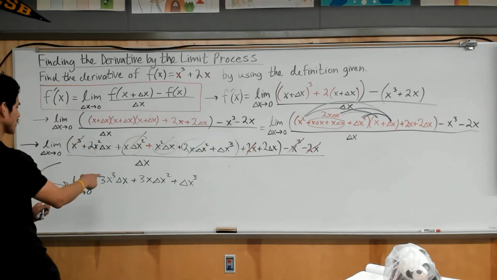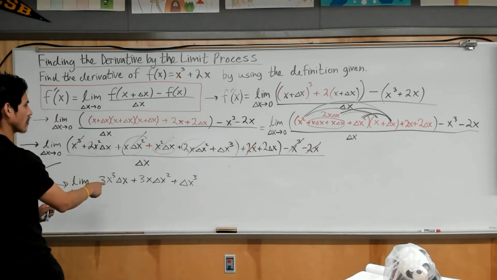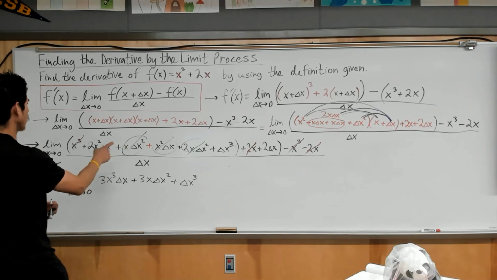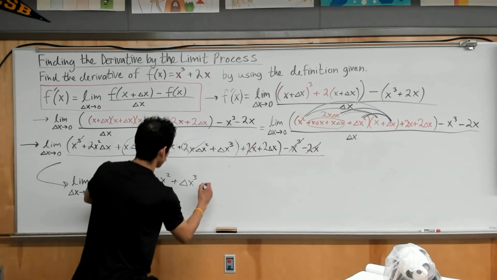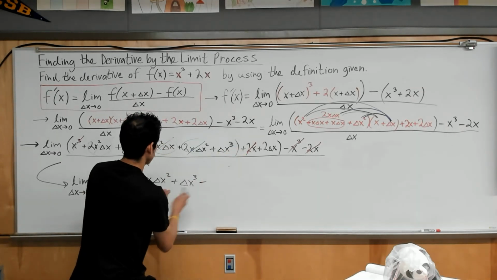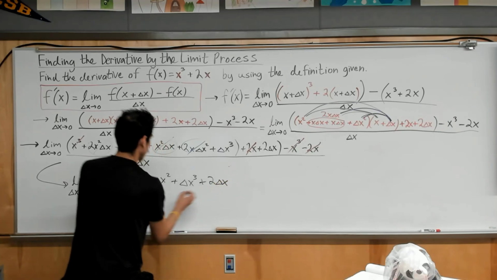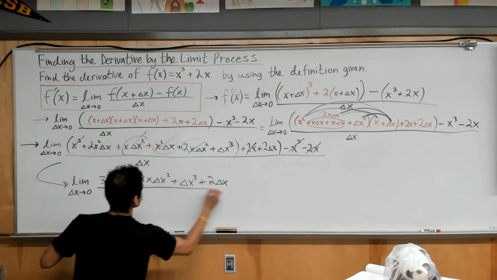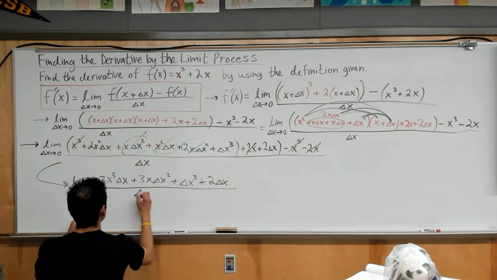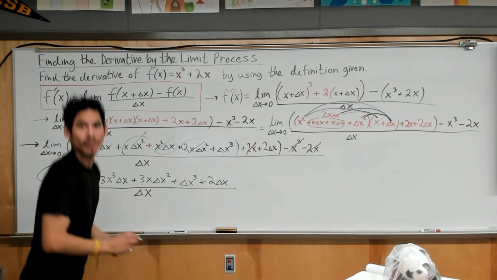Are there any more delta x's by themselves? Looks like that's only one, so plus 2 delta x, all over delta x.